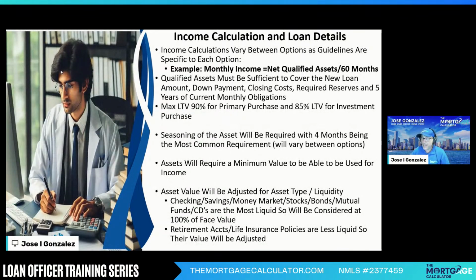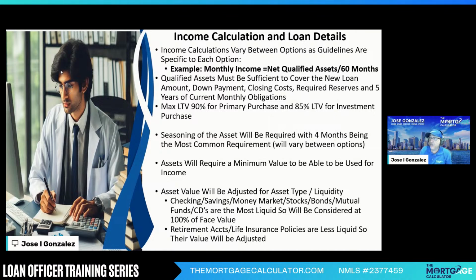So let's break it down here in our final slide. This is where we put it all together. Now, I will say asset utilization probably is going to rank up there as one of the easiest loans that you're going to do for income calculations. It's going to rank right up there with the DSCR loan, right?